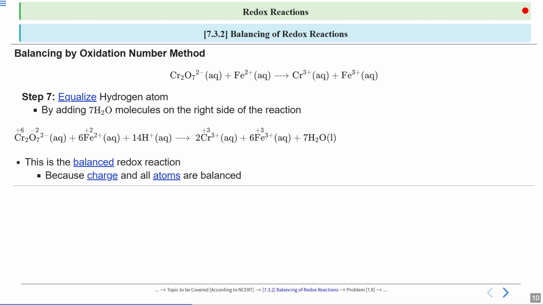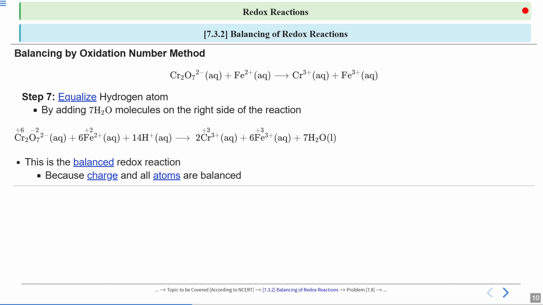And after following these 7 steps, we will reach a stage where all the charges and the atoms are balanced in the chemical equation. I hope this oxidation number method is clear to you.